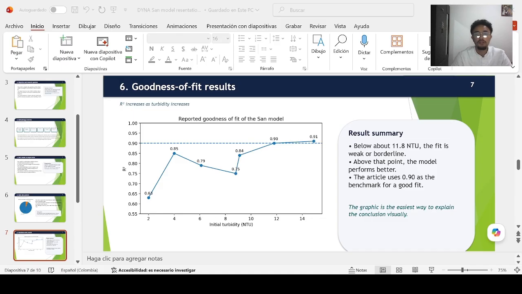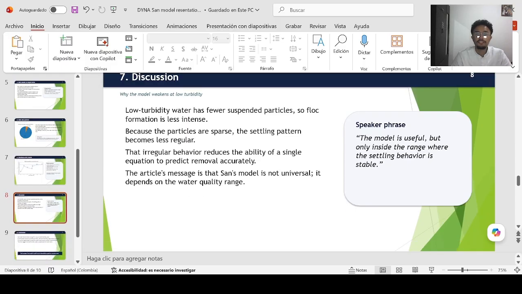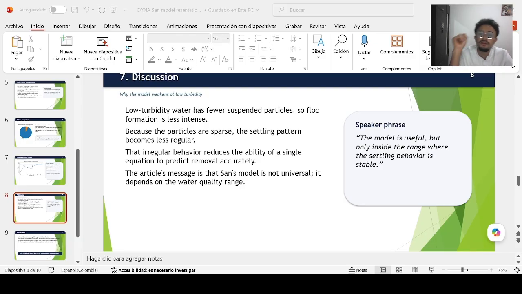And here on this page, why does this happen? Because low turbidity water has fewer particles, flocs form less strongly, and the settling pattern becomes irregular.